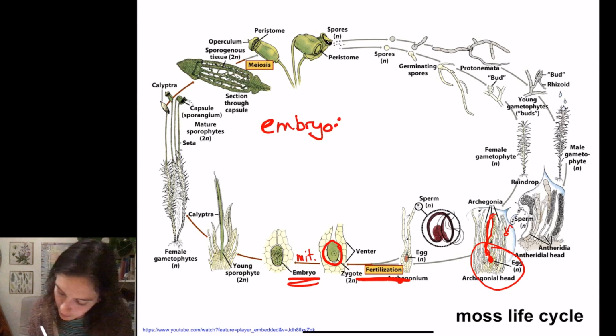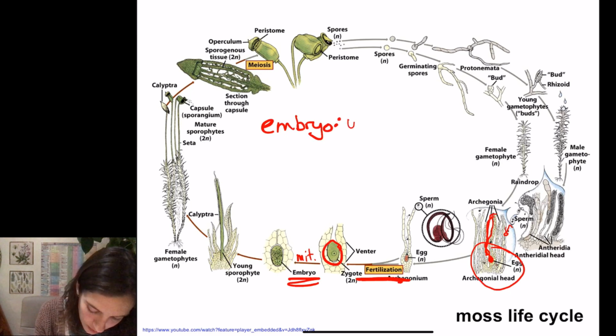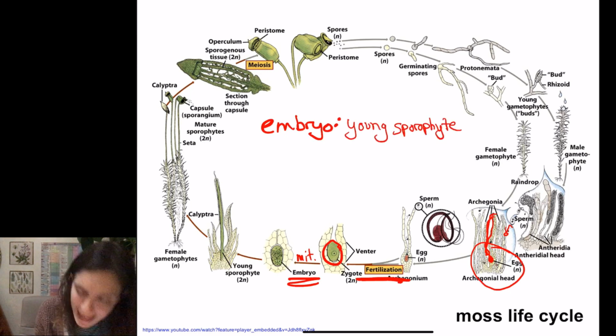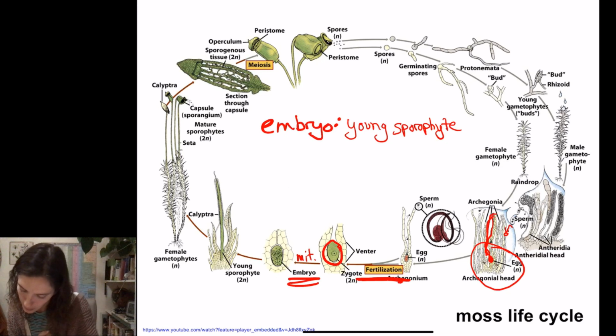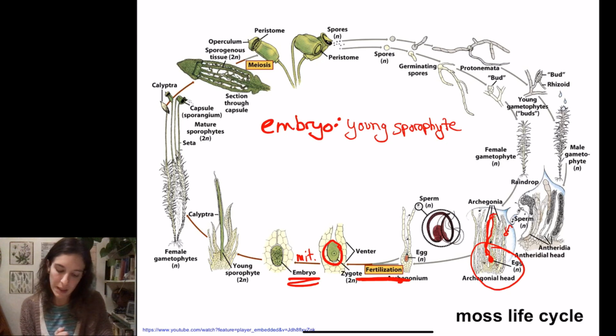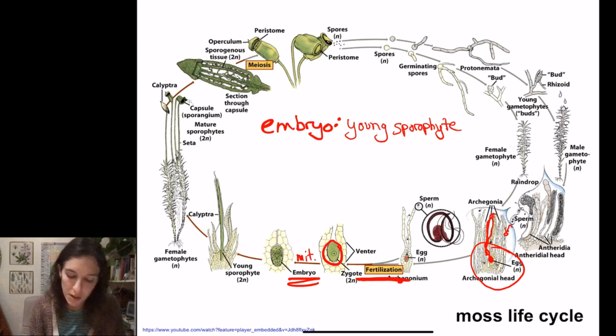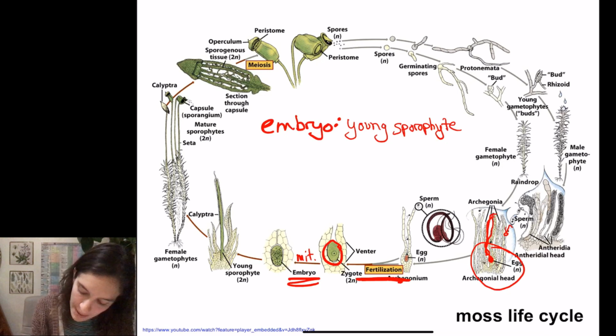I feel like I've been throwing it around a little bit. It's a young sporophyte. A sporophyte implies a diploid multicellular structure. And it's going to be nourished by some maternal tissue. So it's a young sporophyte that's embedded in the gametangium, namely the female gametangium, namely the archegonium.